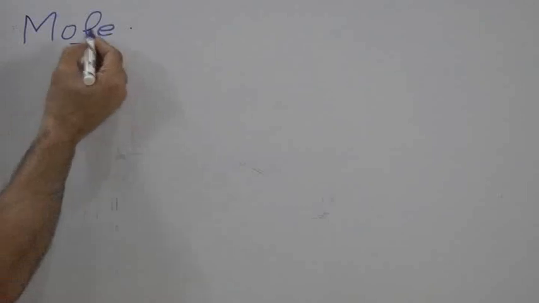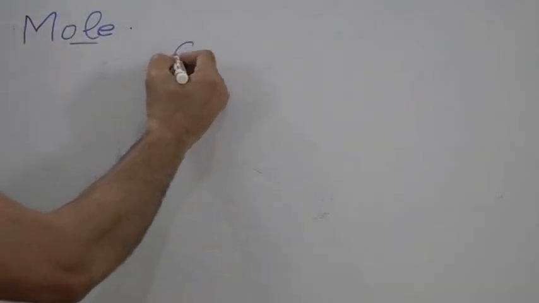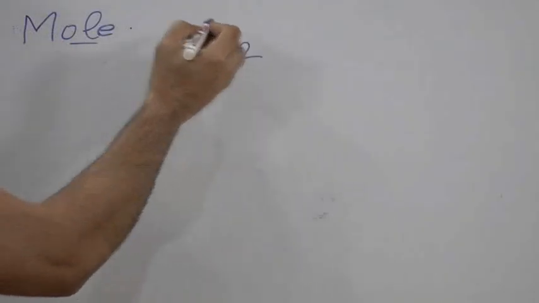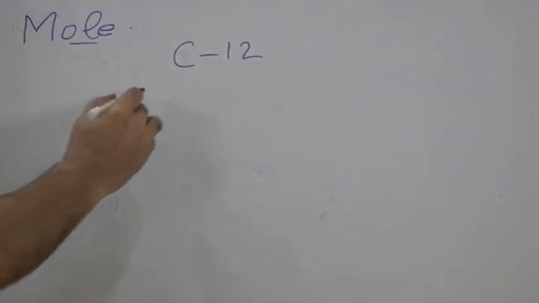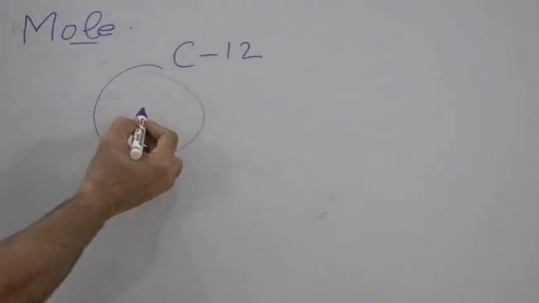Why are we using the term approx again and again? In science we have to standardize also. That is why this quantity is standardized by the C12 isotope of carbon, in which how many protons?